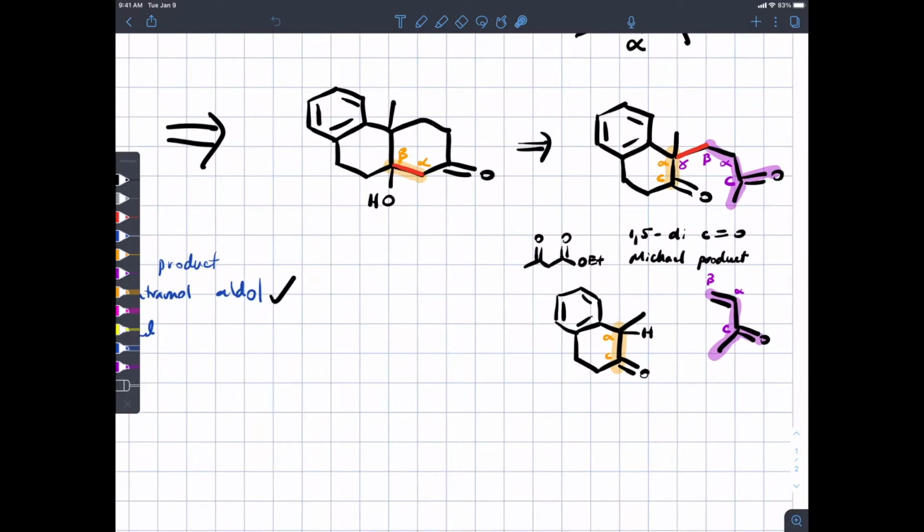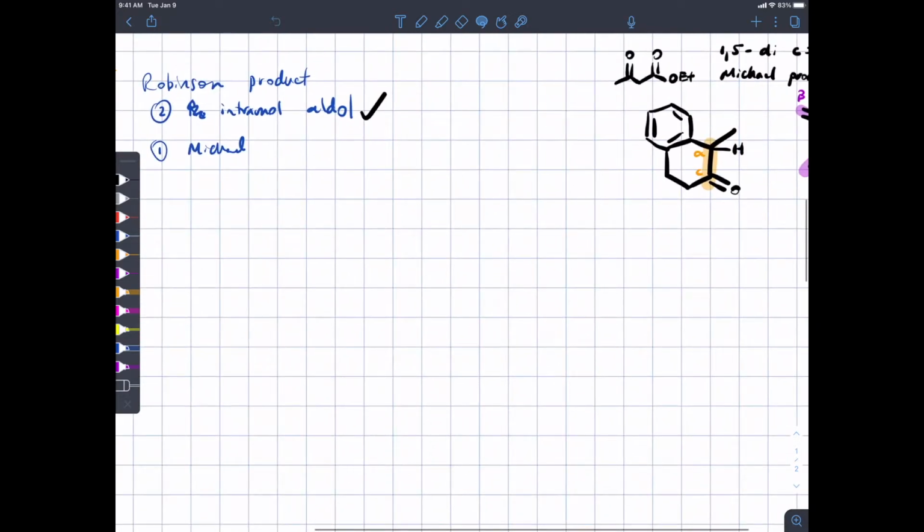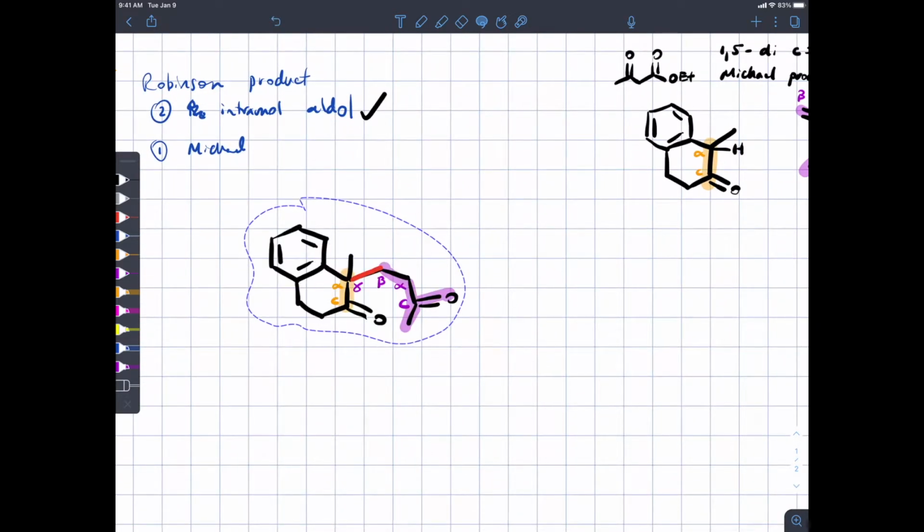Right. So I think what you're pointing out is, what if I numbered this differently? What if I said alpha, beta, gamma, and said, well, could I have made this bond via the Michael reaction?